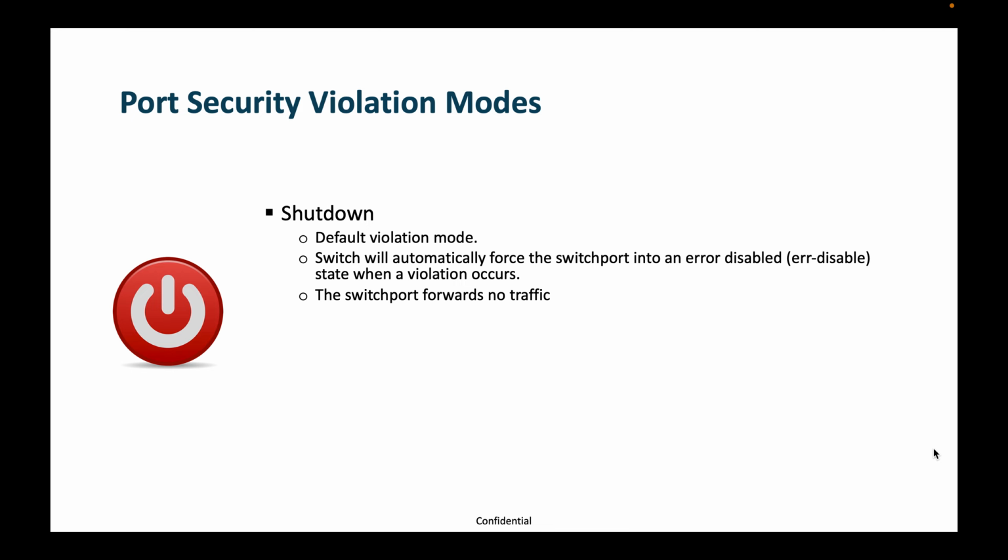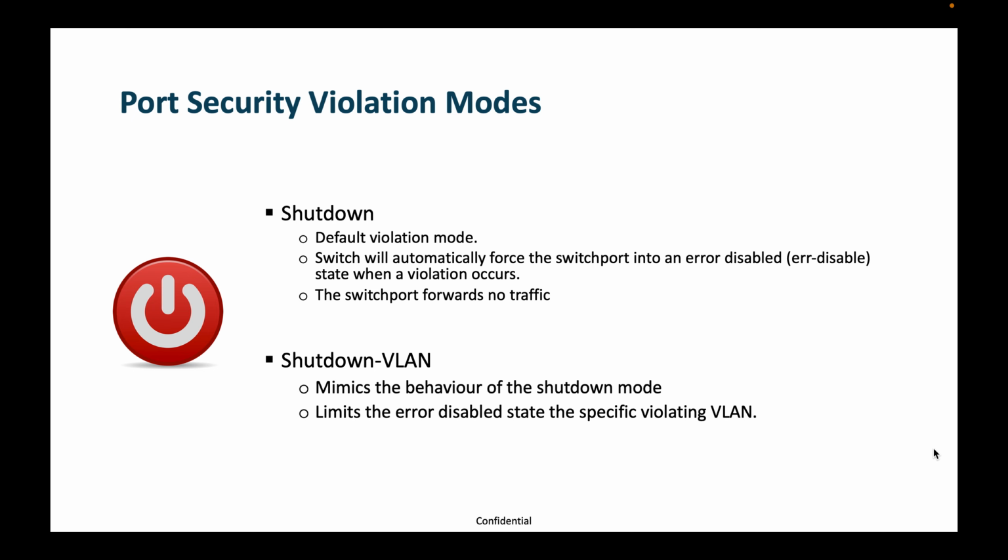The switch port can be brought out of this error disabled state by issuing the error disabled recovery CLI command or by disabling and re-enabling the port. Another option we have is shutdown VLAN. This mode mimics the behavior of the shutdown mode but limits the error disabled state to the specific violating VLAN only. The previous one affects the entire port, this one only the particular VLAN.